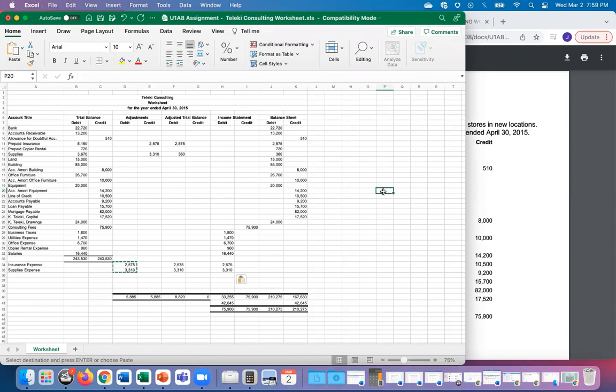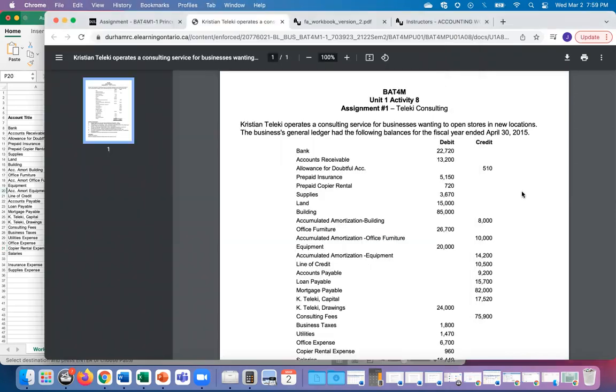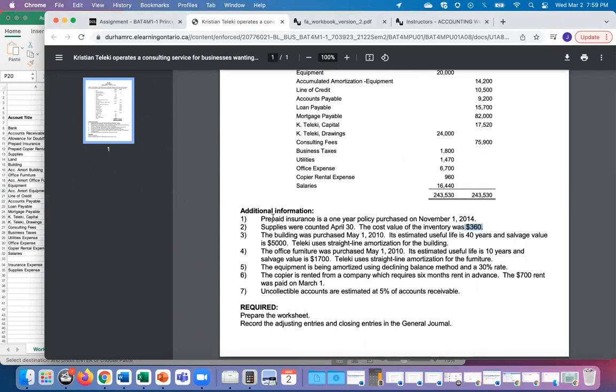And I showed you how to put in the first two transactions. So that came down here. So we did these two together on the worksheet. And then I left it there and said, you guys can figure out how to do the rest of the worksheet yourselves. So hopefully you have been able to do that.